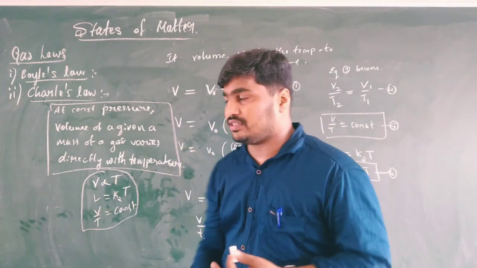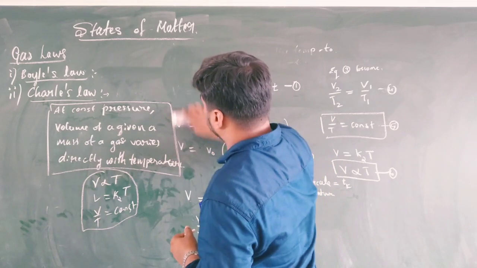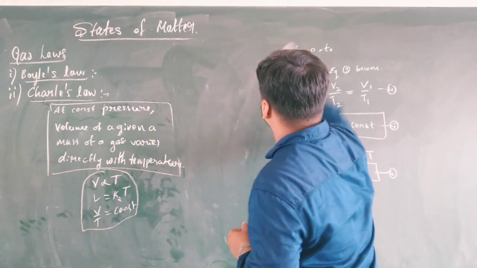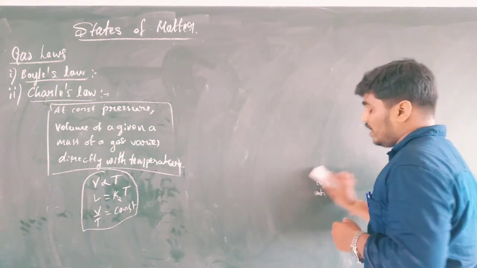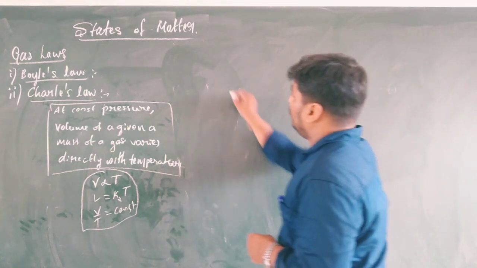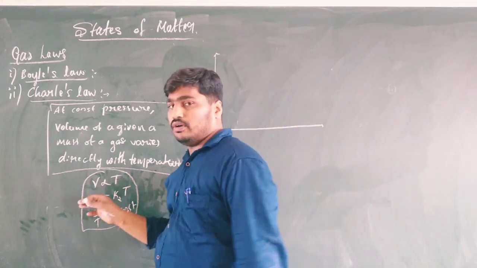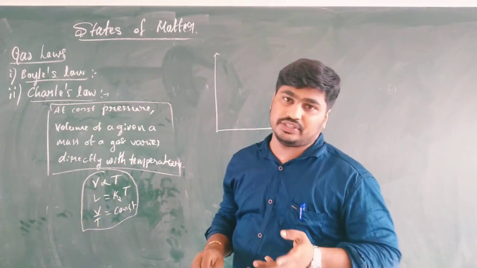Now, similar to Boyle's law, what is the graphical representation of Charles's law? How do we draw the graph for this? It is a graph of volume versus temperature, correct?